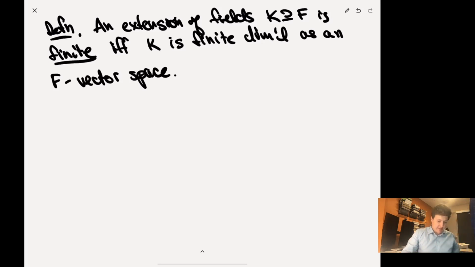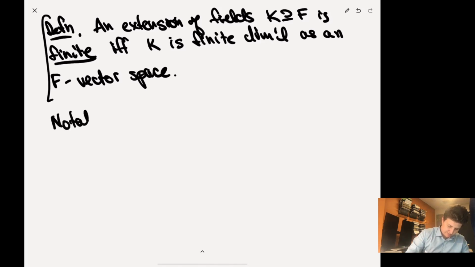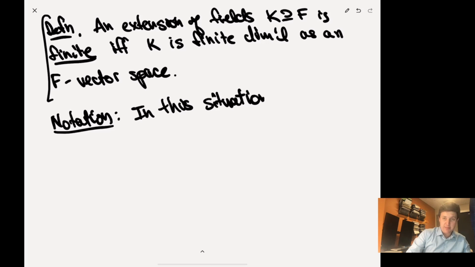Okay, so this means that K is finitely generated. Let me give some notation and terminology. In this situation, we call the dimension the degree.